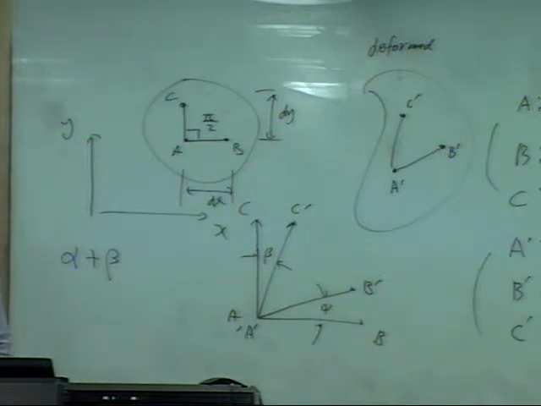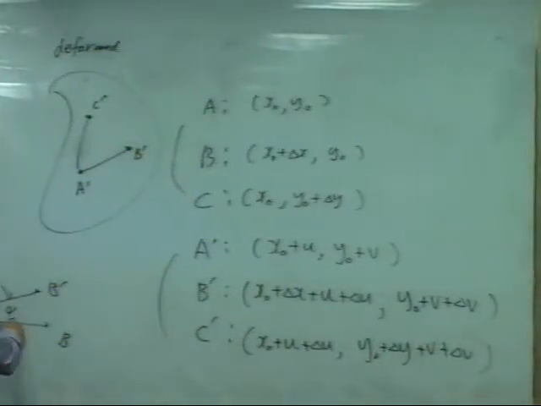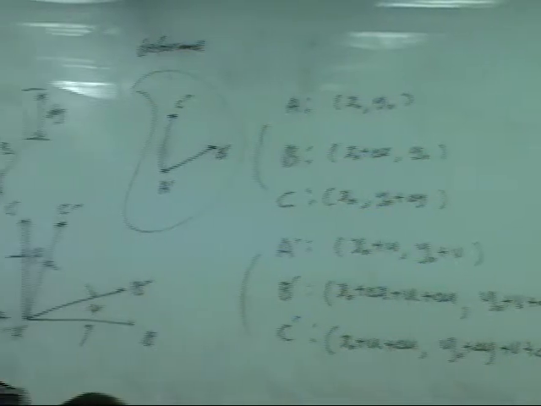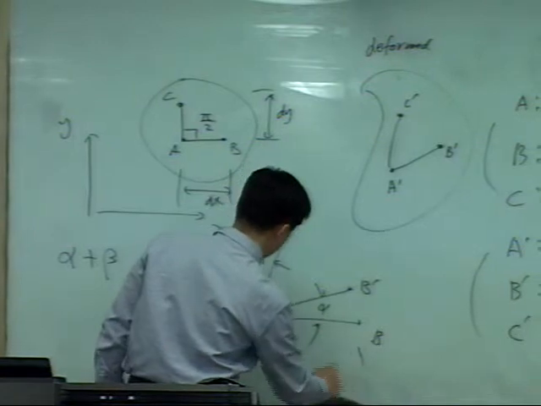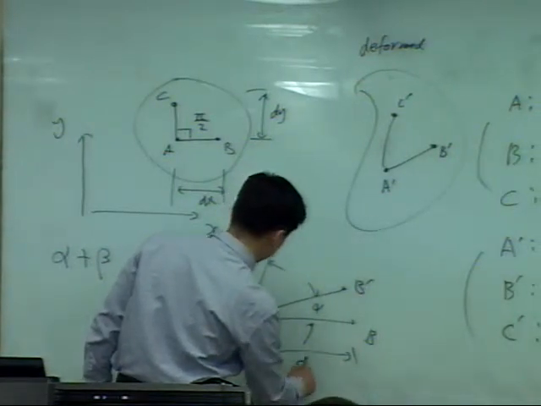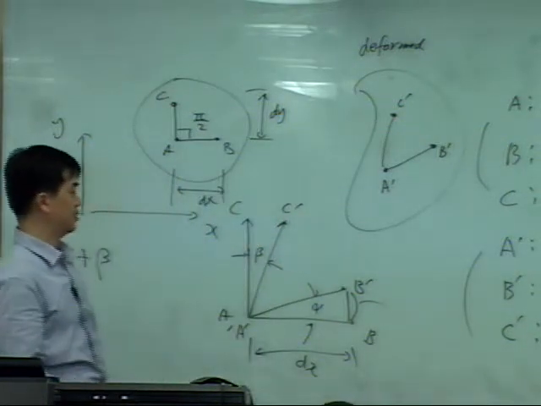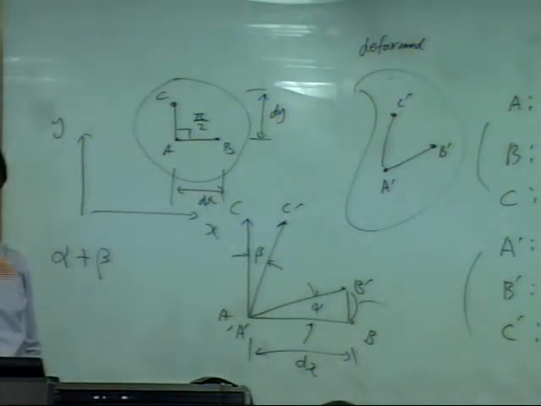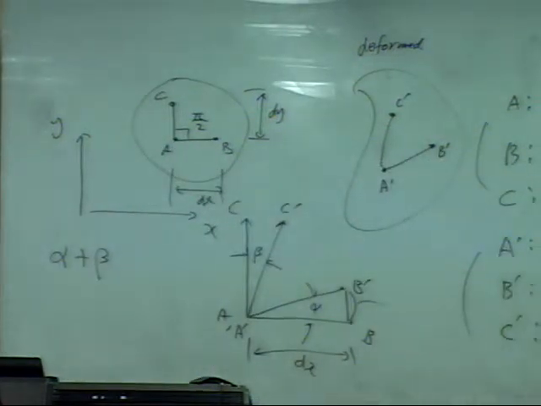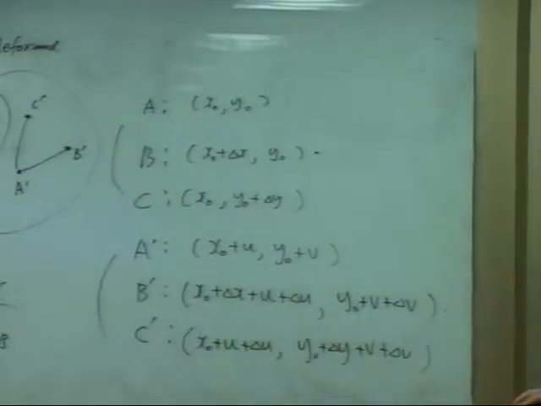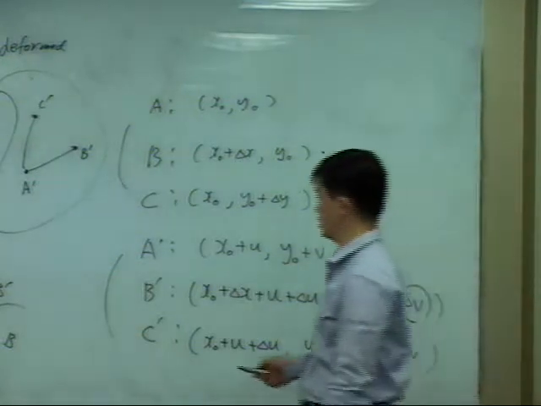If we assume alpha is very small, then what's this angle alpha? This is dx and this amount of change. What's that? That's the difference in y direction between B and B', this one and that one, right? Okay, that will be delta v.